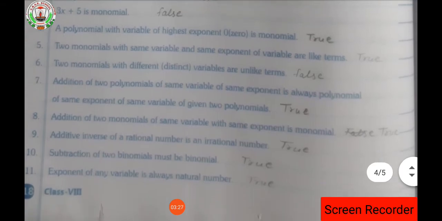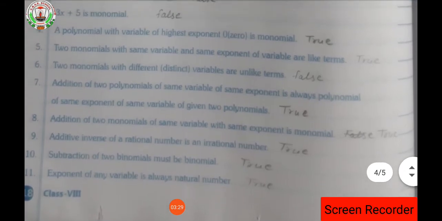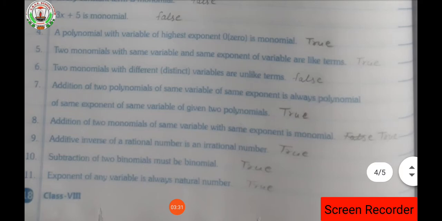Sixth, false. Then seventh is true. Eighth is true. Ninth is true. 10th and 11th are also true. So here are the solutions. Then the next other two, one is of first true and false.